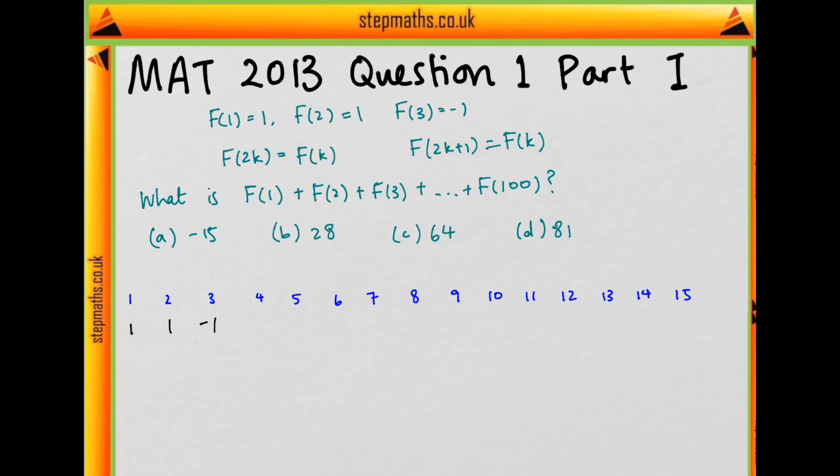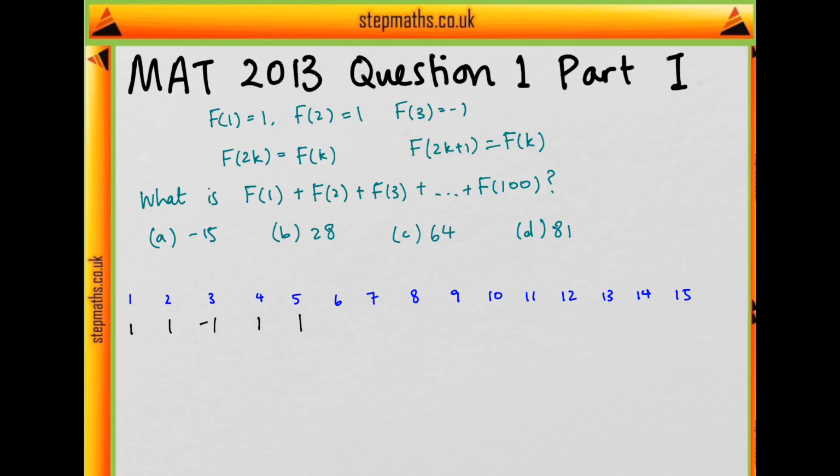So after 3, an even number and the consecutive odd number are both going to be the same. Once we get to 4 and 5, they're both going to be the same as f of 2, because 4 is 2 times 2 and 5 is 2 times 2 plus 1. So these two are both going to be 1.